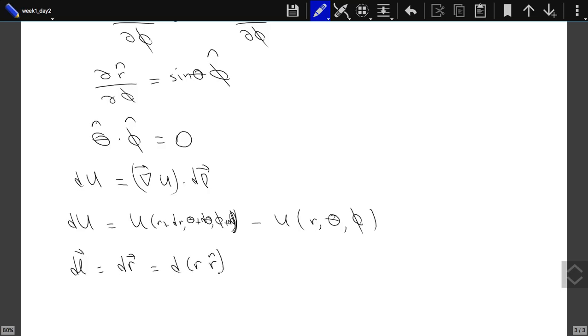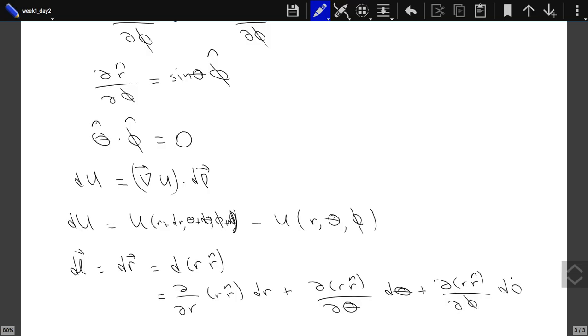Well, I have these 3 coordinates, so I can just take the derivative with respect to r, multiply with the change in r, plus take the derivative with respect to theta, multiply with the change in theta, and take the derivative with respect to phi and multiply with the change in phi. This is my dr.